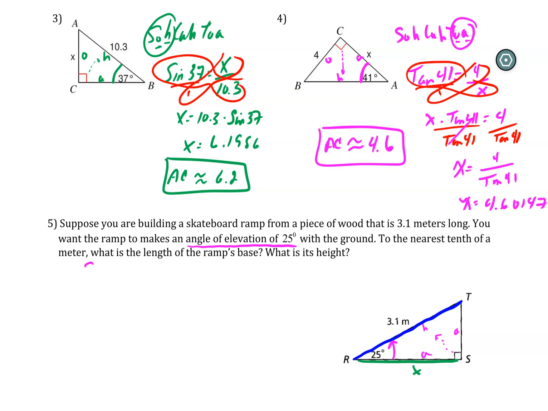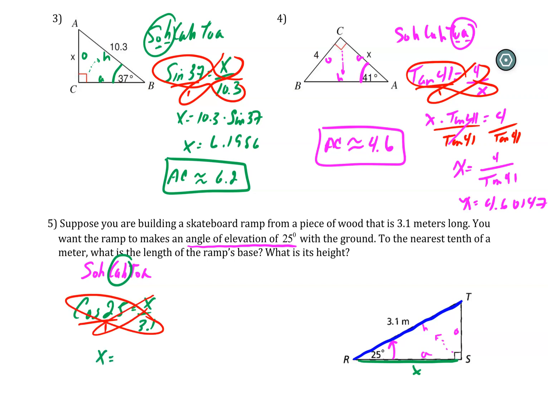So according to SohCahToa, we are using cosine. So cosine of our angle, which is 25, is equal to x over 3.1. Again, I could put this over 1, cross multiply.